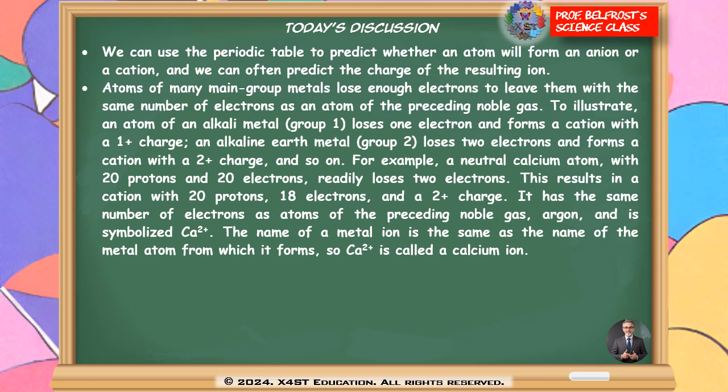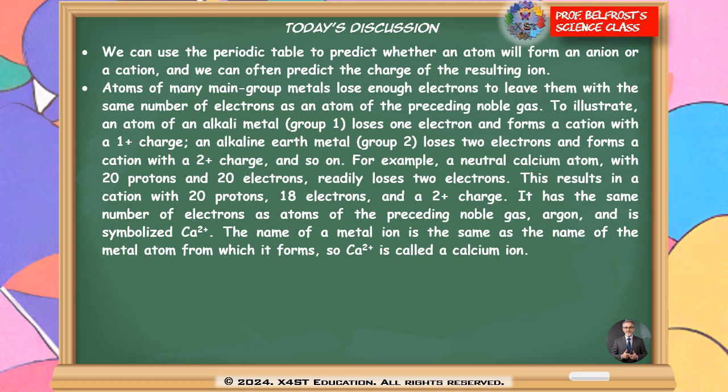and so on. For example, a neutral calcium atom with 20 protons and 20 electrons readily loses 2 electrons. This results in a cation with 20 protons, 18 electrons, and a positive 2 charge. It has the same number of electrons as an atom of the preceding noble gas, argon, and it is symbolized as Ca2+.